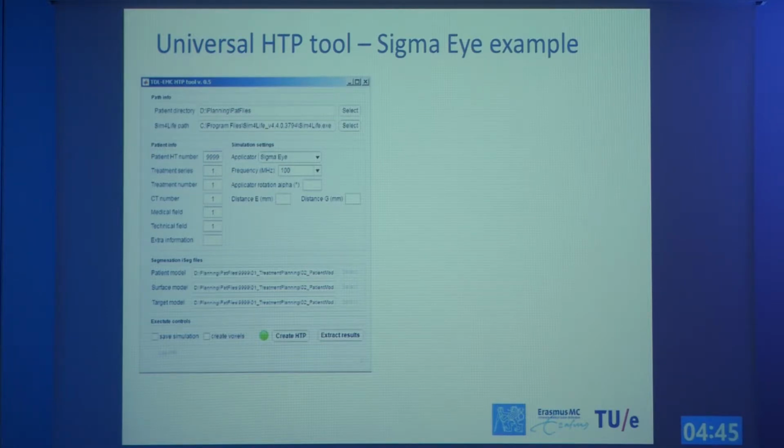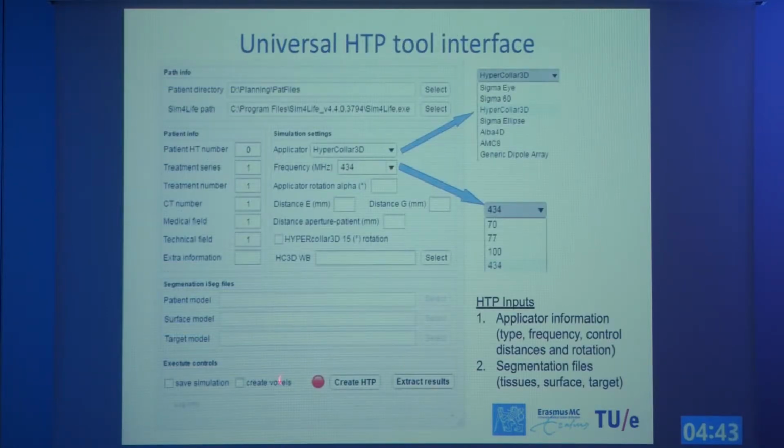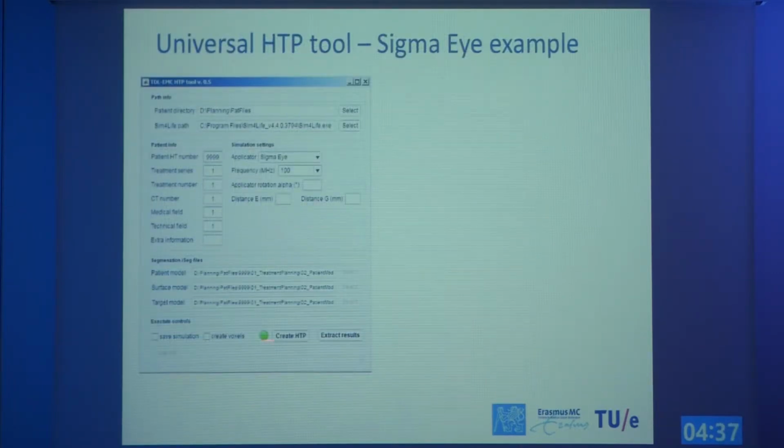I forgot to say that on this picture there is a red light here, which will not let you perform the hyperthermia treatment planning. It has to be green. It will become green if all required fields are filled: the segmentation, the patient delineation, the surface delineation, and the target.